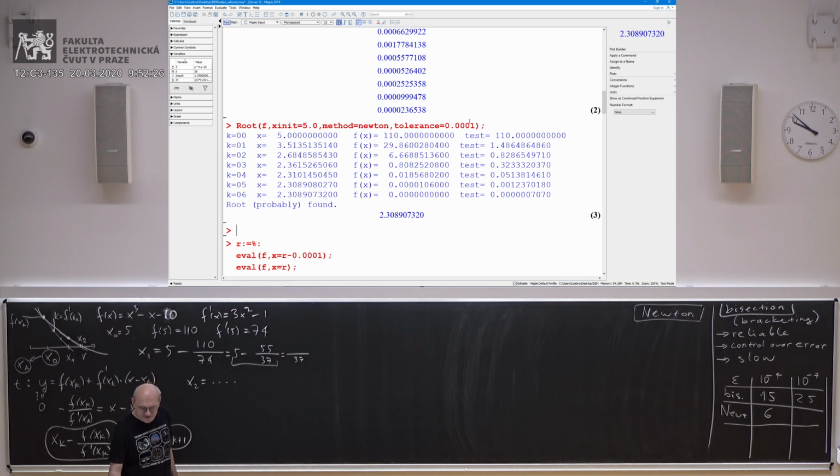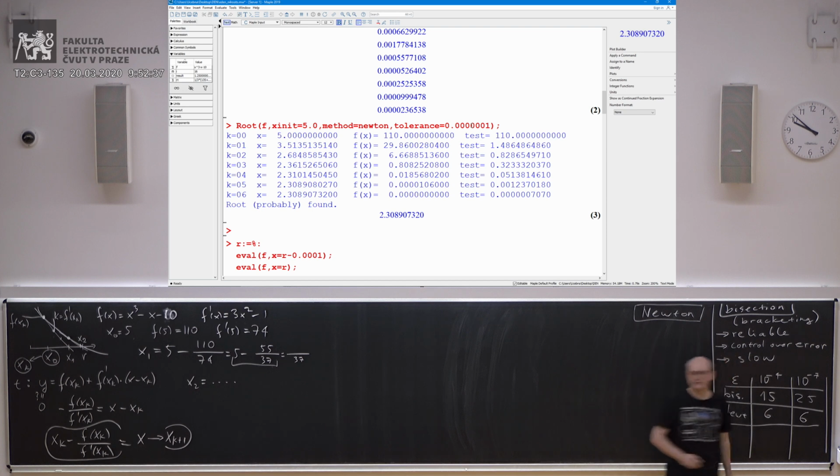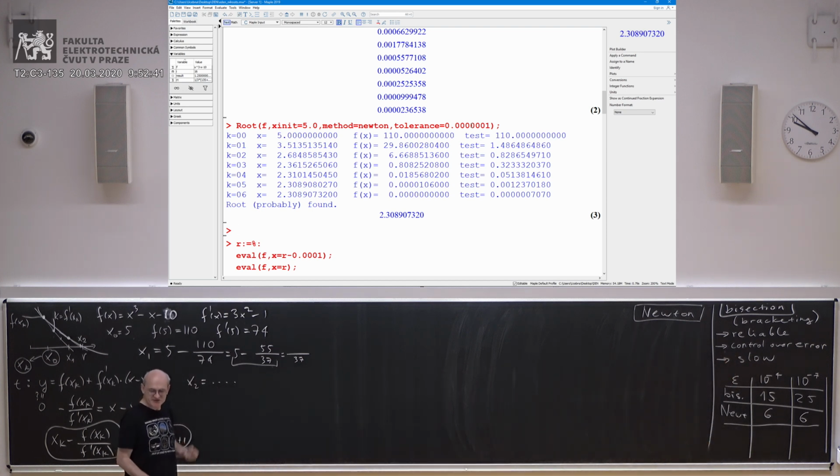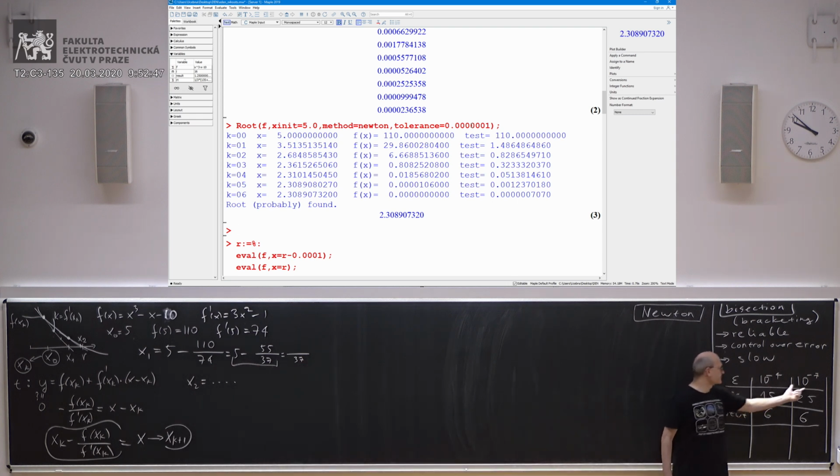Let's try 10 to negative 7. Wow, just 6 iterations. Is that weird? Is there some error? Probably not. Actually, the quality improves so fast that if we ask for 3 digits correct, essentially, we also get 7 right away.